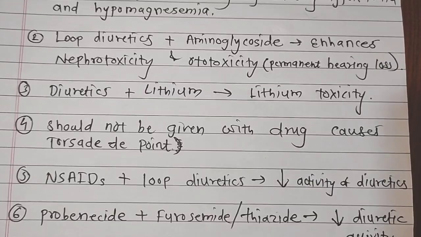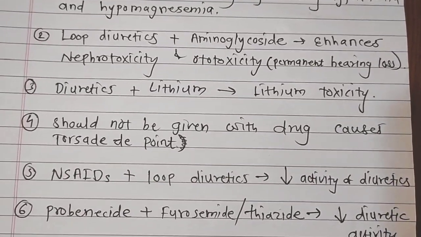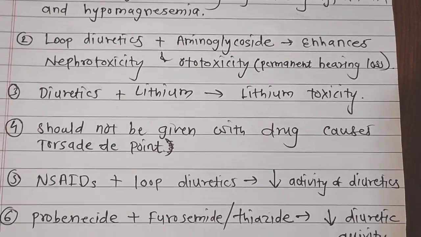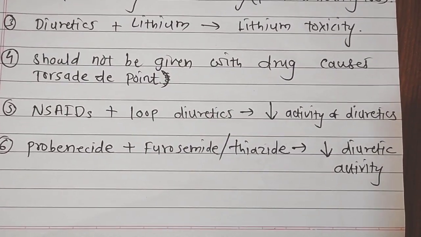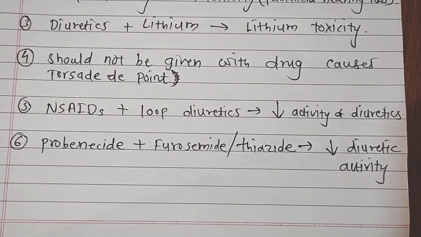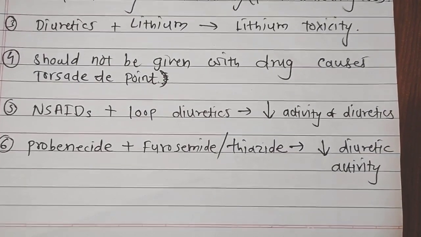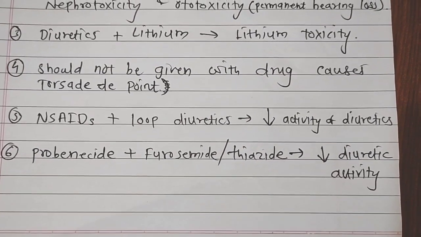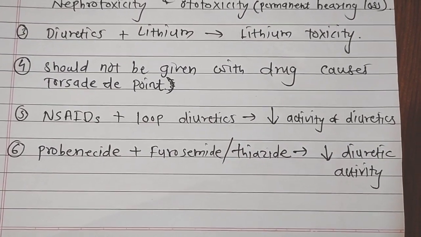Then diuretics given with lithium cause lithium toxicity, and these diuretics should not be given with drugs which cause torsade de pointes. Then NSAIDs plus loop diuretics decrease the diuretic activity, and probenecid plus furosemide or a thiazide decreases the diuretic activity.